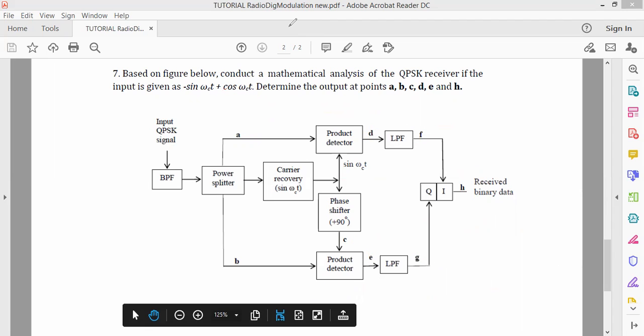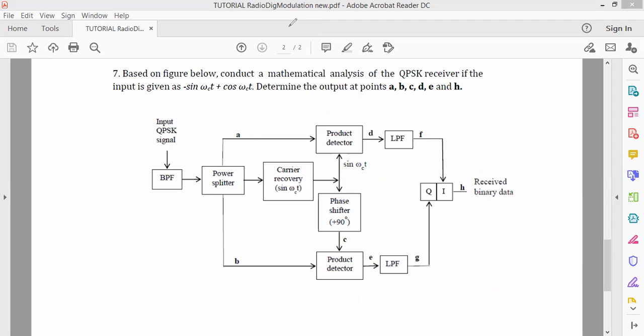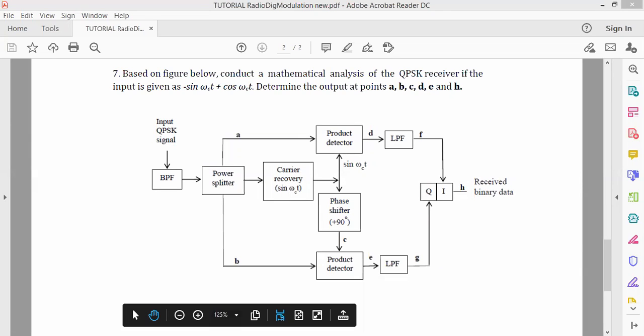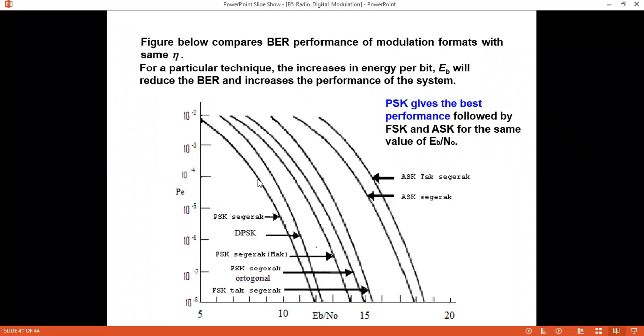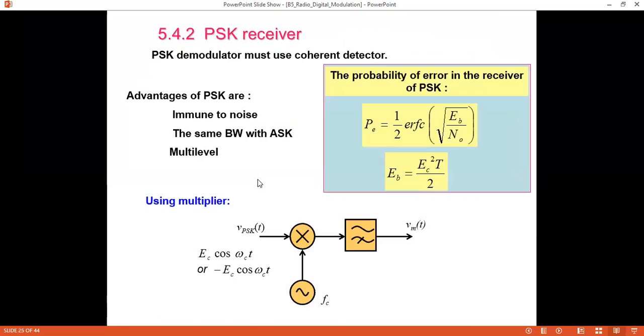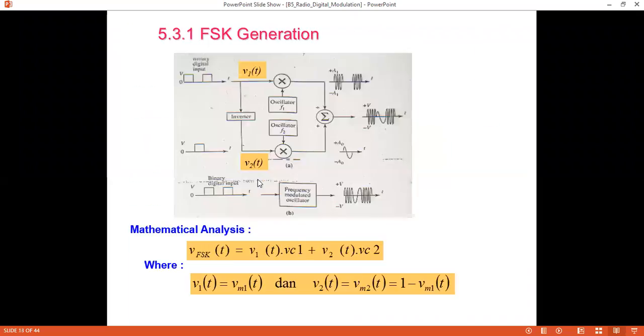So you can see that for this multi-level, also for this radio digital modulation, you should understand that, okay, let's look at the mind map that I've shown before we start this chapter.